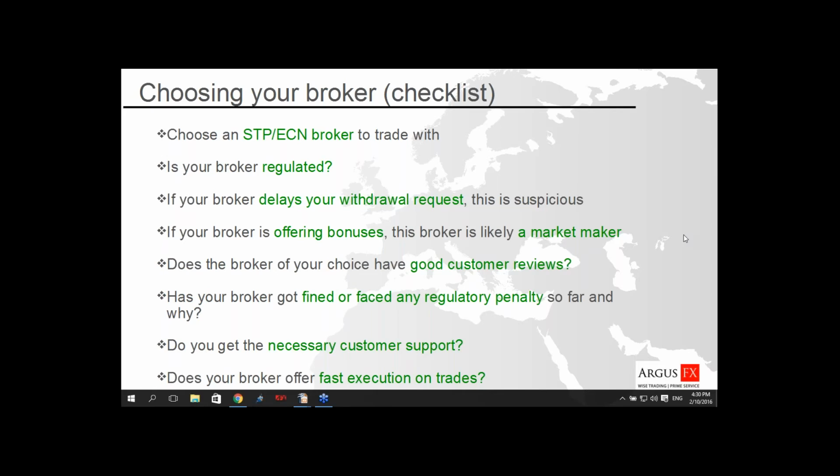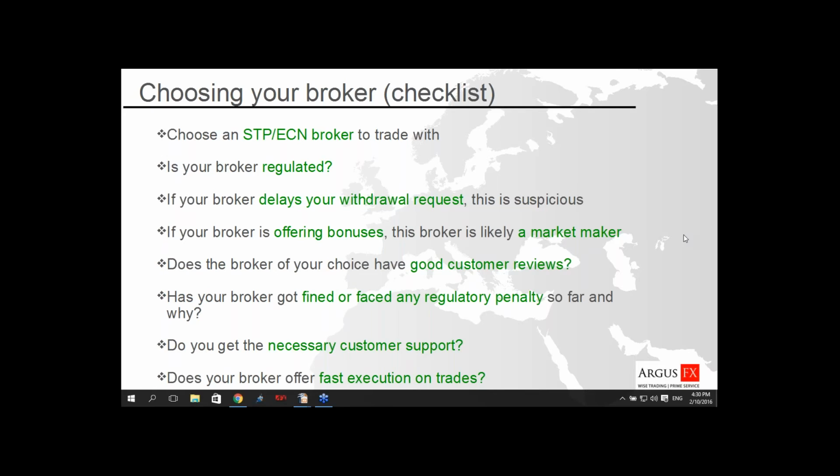Number 3, if your broker delays your withdrawal request, well, guys, something is wrong. I'm not telling you to execute the withdrawal request within 30 minutes or 1 hour, but at least within a day maximum, a request should already be executed. Because there are cases of brokers who find all types of excuses not to give you your money.